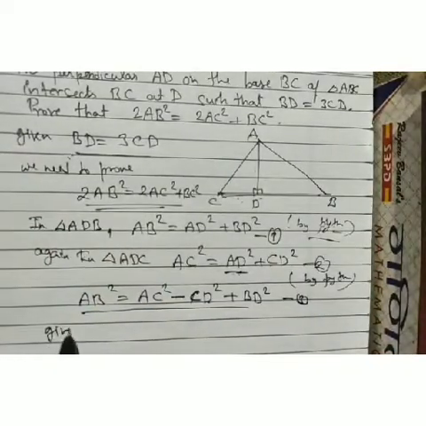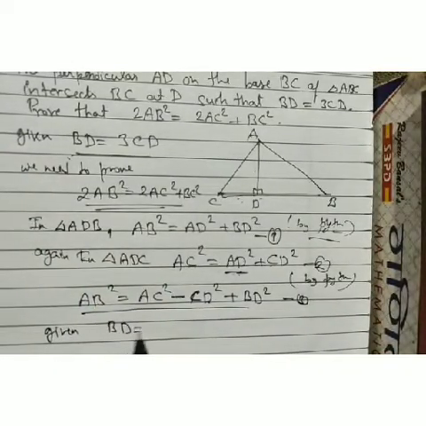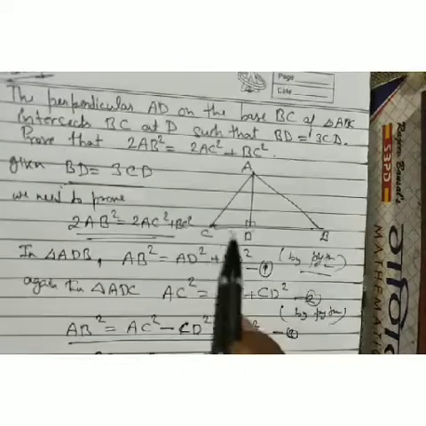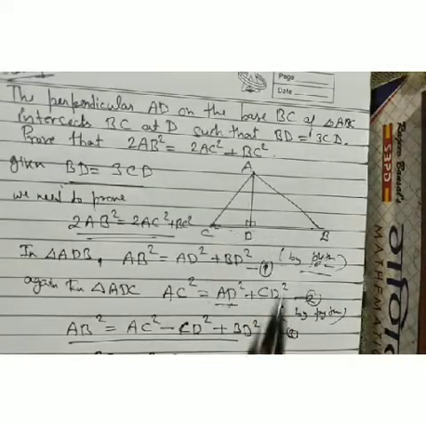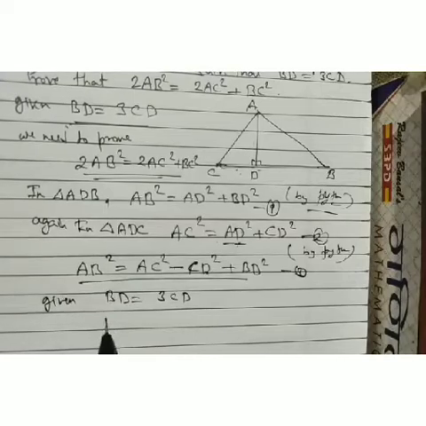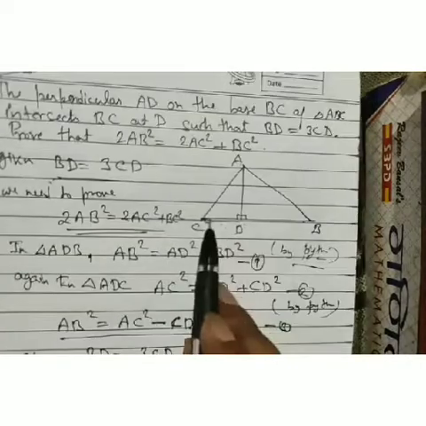Now what have we been given? BD equal to 3 times CD. If we want to use BC, what is our BC? It's BD plus DC.